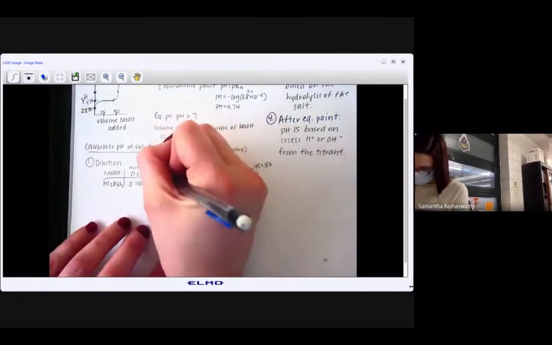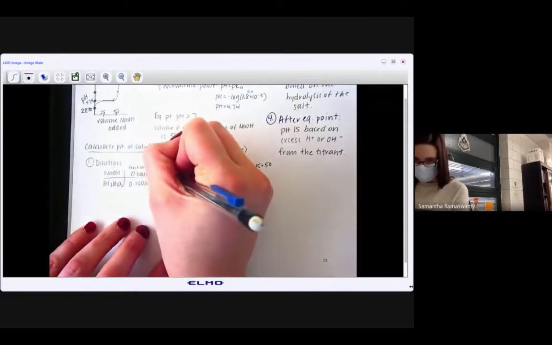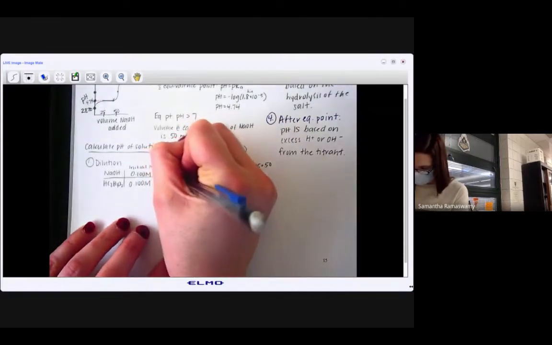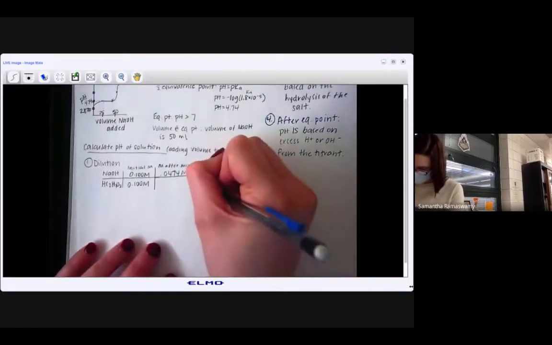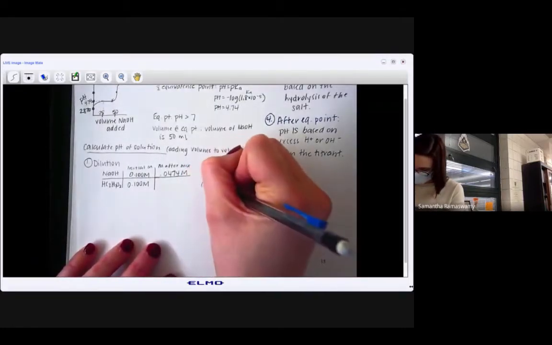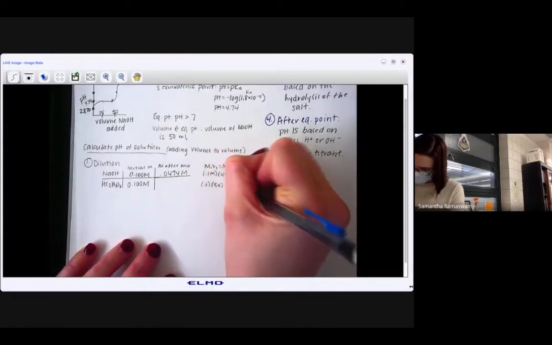So here we have 0.0474 molar, so that's NaOH. I'm going to do the same thing for acetic acid.